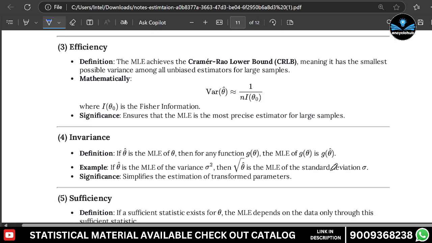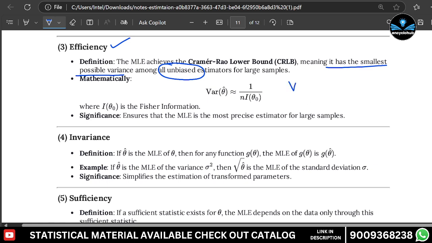The third property is efficiency. The MLE achieves the Cramer-Rao lower bound, meaning it has the smallest possible variance among all unbiased estimators. Suppose that we have lots of unbiased estimators; the one with the smallest possible variance is called an efficient estimator.